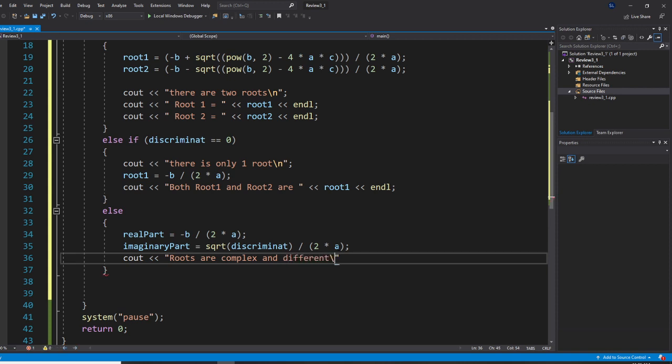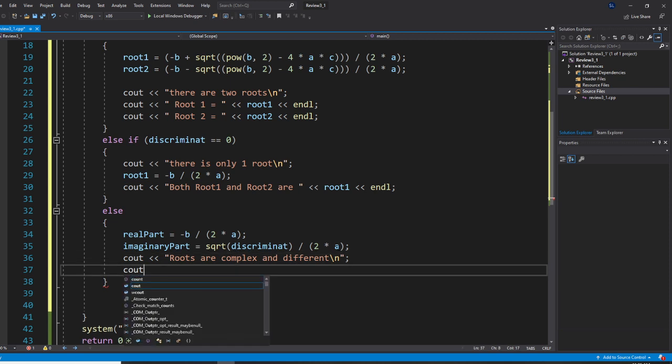So we're going to have a complex number as our root, and so we say CL, root 1. Let me copy these two lines.